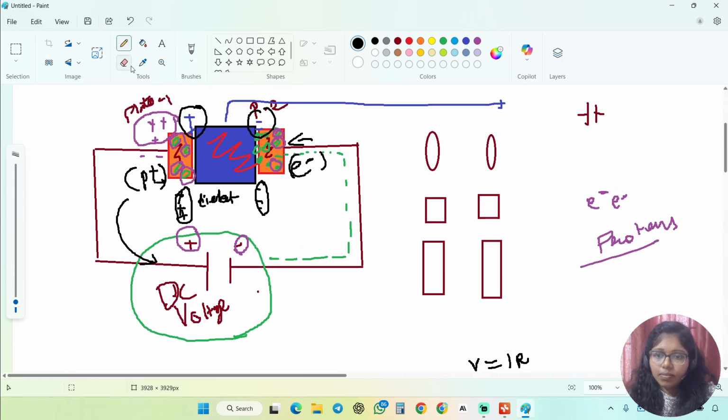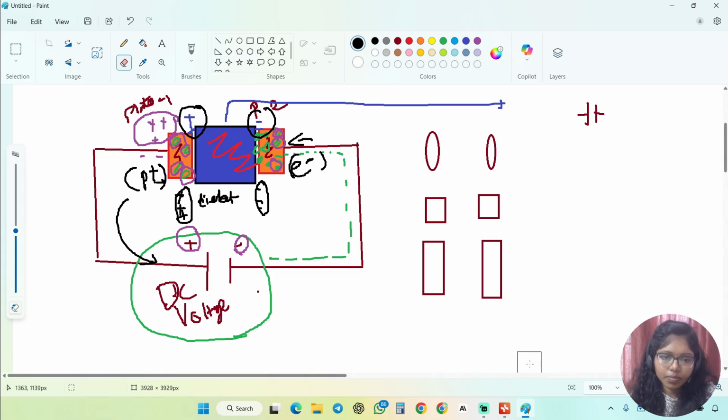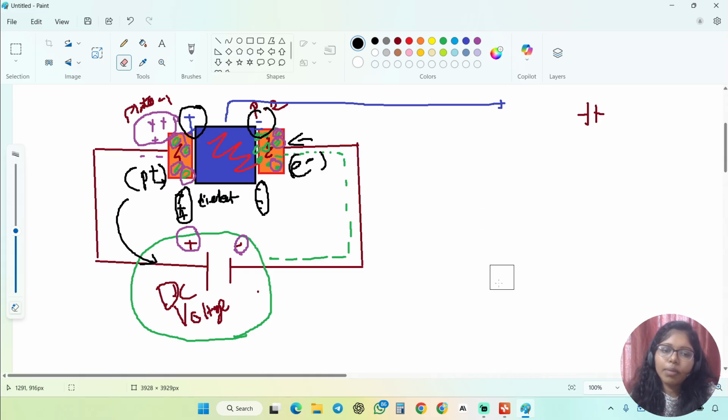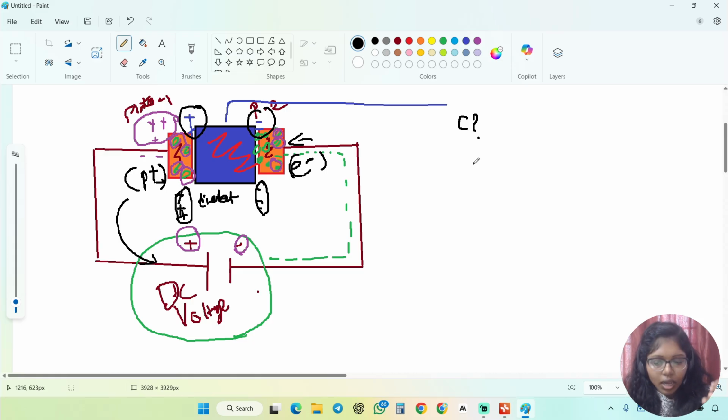In this case, we are going to find the capacitance value. For resistance, if I give this amount of voltage and this amount of current is flowing, what is my resistivity, or how much resistivity am I producing?